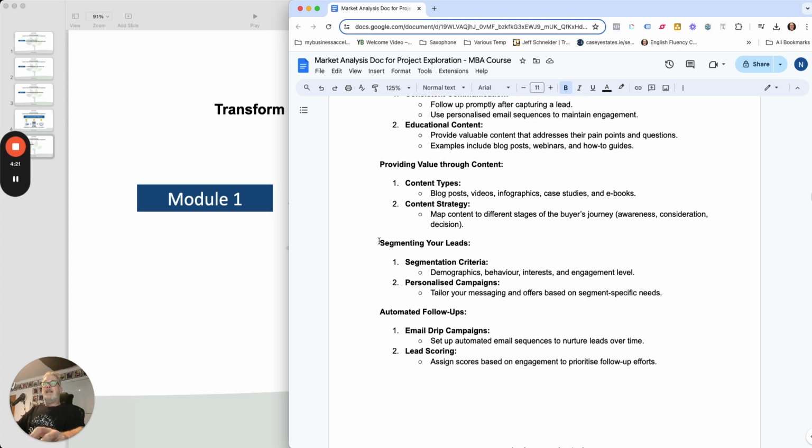So the other thing then, which is also extremely important, is segmenting your leads. So in other words, we want to understand what kind of demographics we're targeting. We need to understand the behavior, interests, and engagement level of the typical people that are interesting for us as potential clients or customers. And then obviously we're going to align our messaging and our offers based on this.